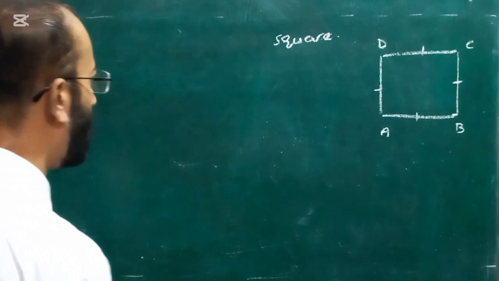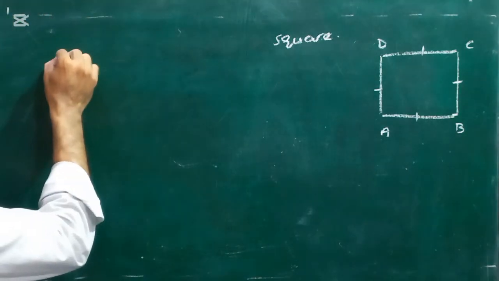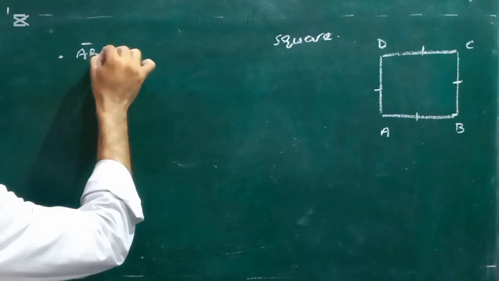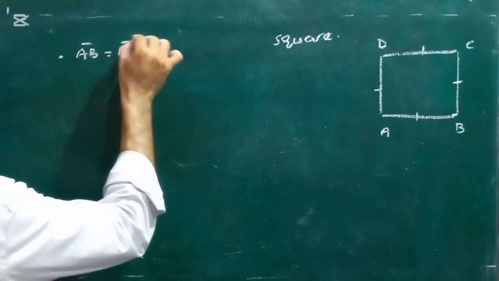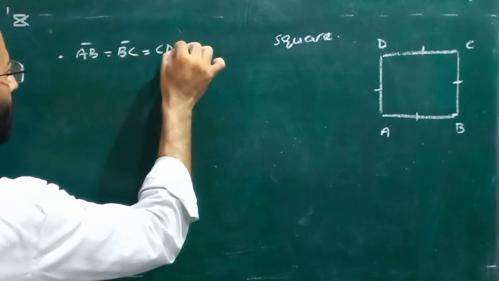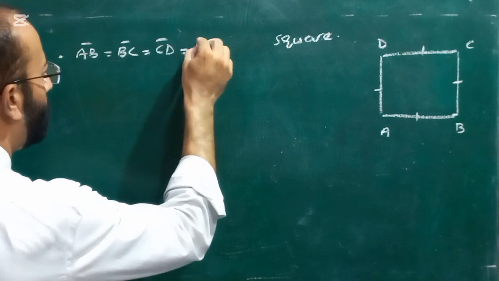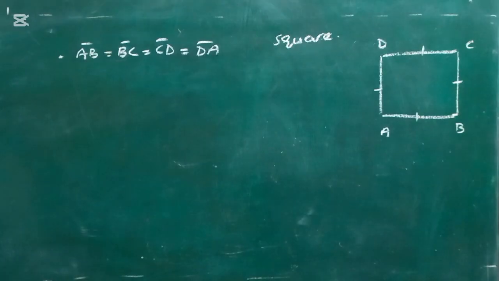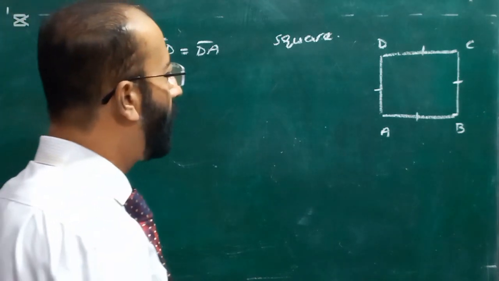This is the first property. It means AB is equal to BC is equal to CD is equal to DA. So all sides are equal. This is the first property.